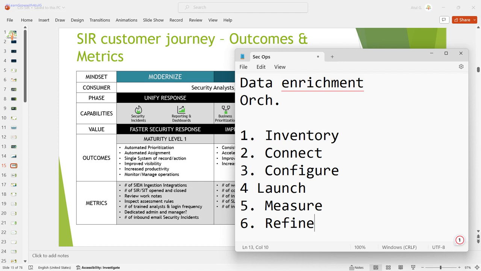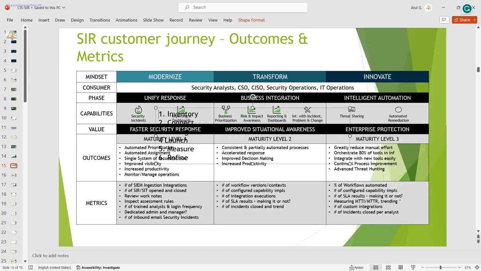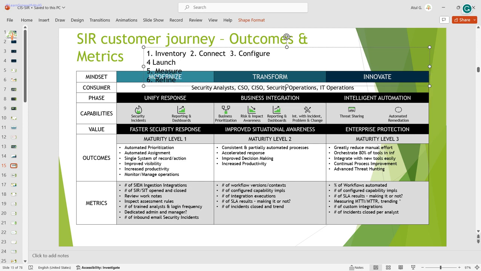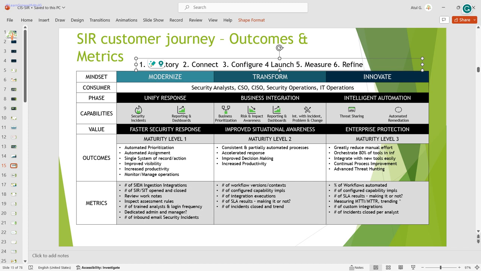So if I say that these 6 steps work for all these 3 sections, it will be like this. Either you are doing modernize, then you have to follow these 6 steps. Either you do the transformation, then also you have to follow these 6 steps. And either you do the innovation, you have to follow these 6 steps.